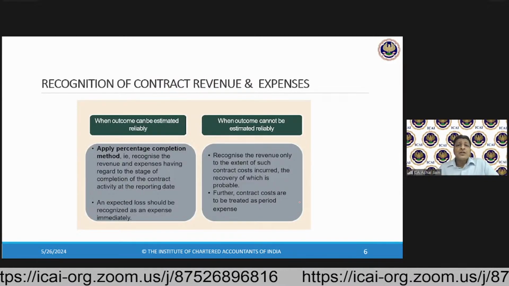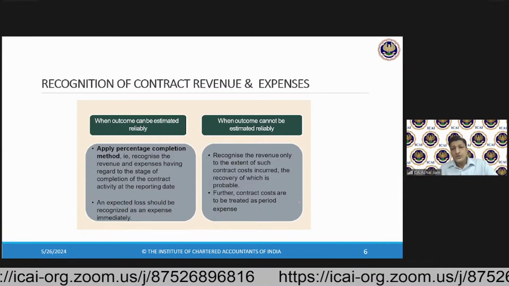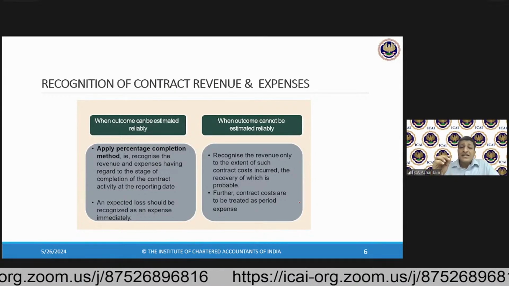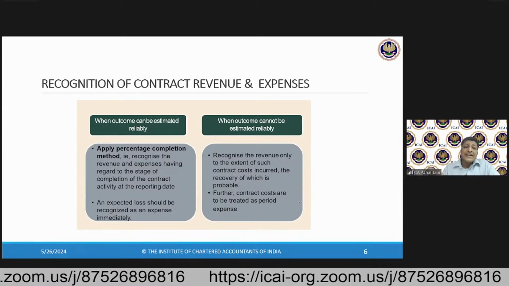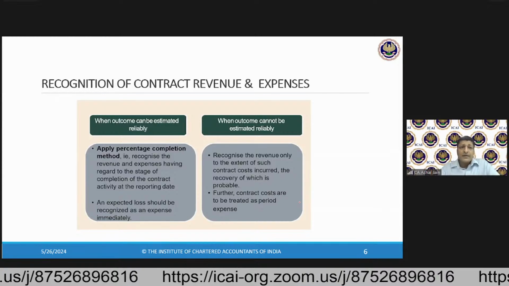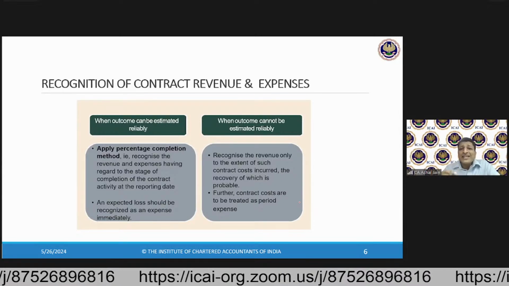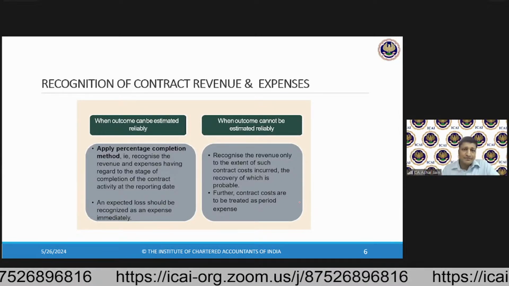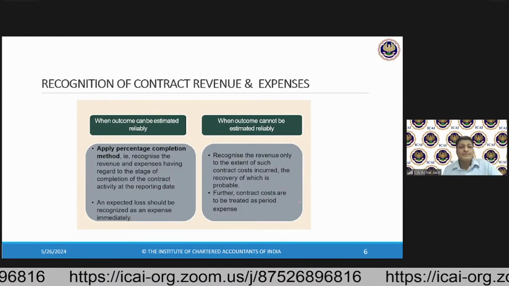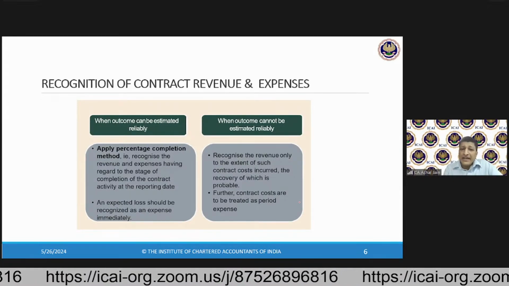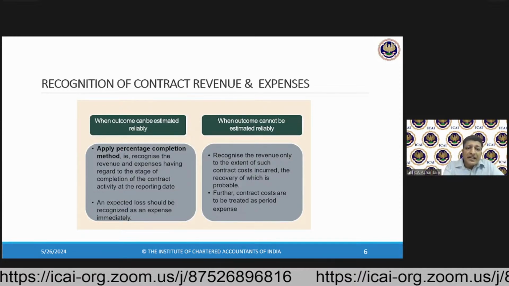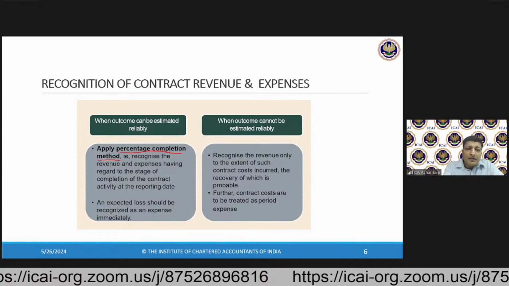So now, recognition of contract revenue and the costs. The standard says that for the purposes of revenue recognition, when the outcome can be estimated reliably, then the revenue will be recognized. And which methodology will you apply in respect of revenue recognition? Percentage completion method.